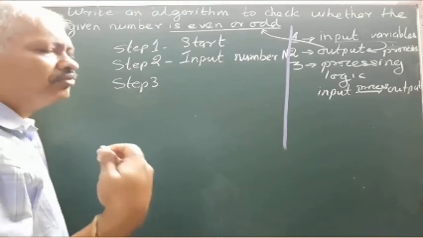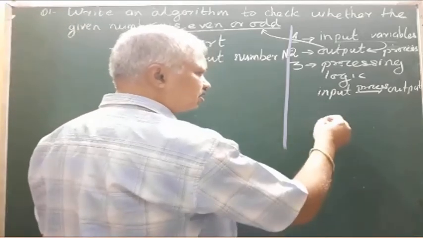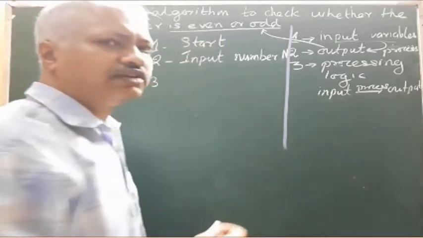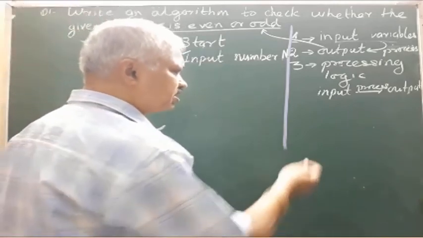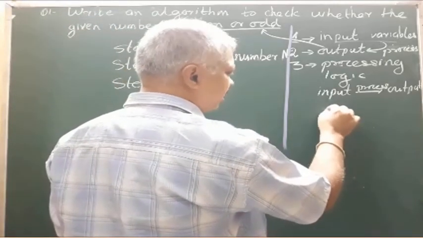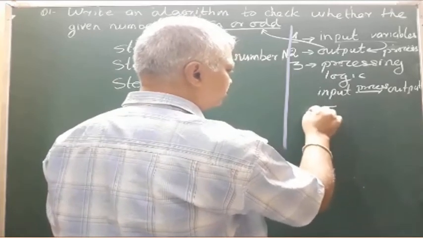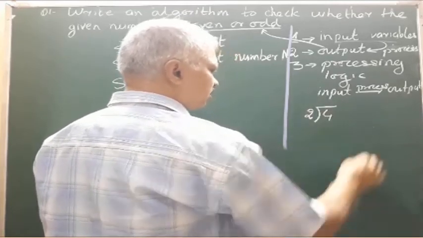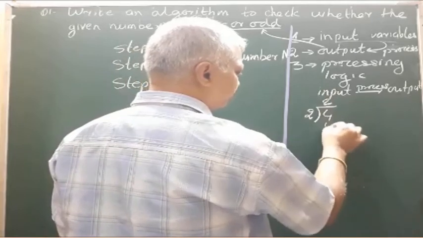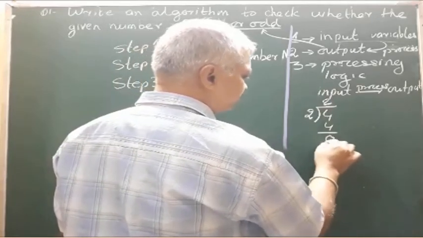What is the processing logic? How are we going to find whether the given number is even or odd? Basically, we'll divide. Say I'm taking the number 4, I divide it by 2. The remainder is 0.